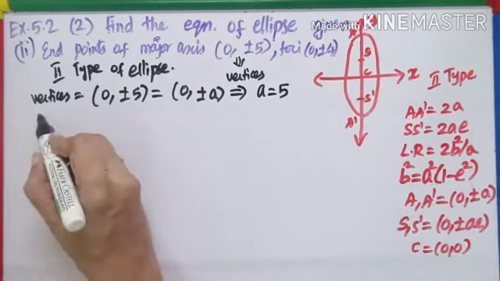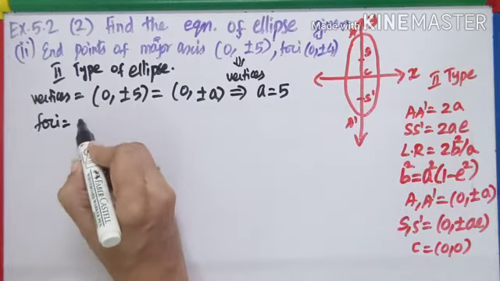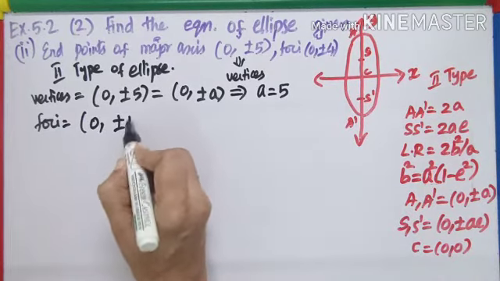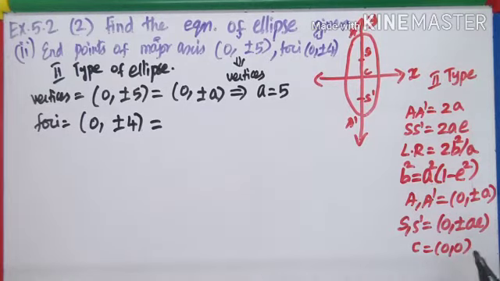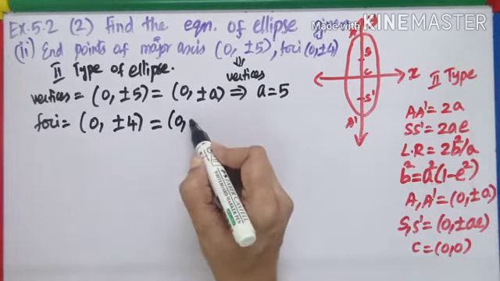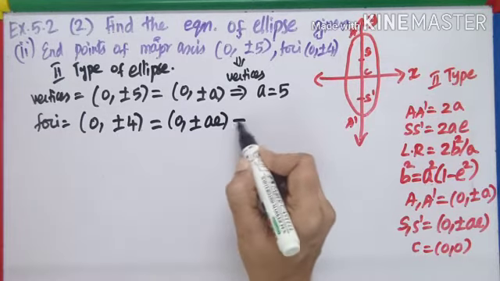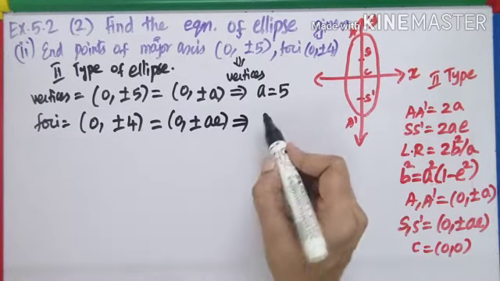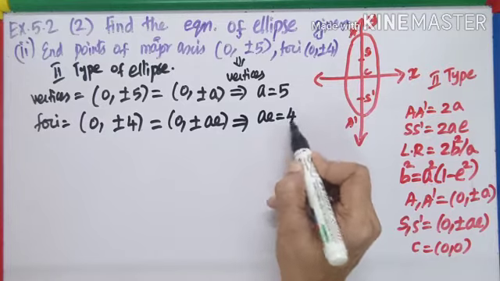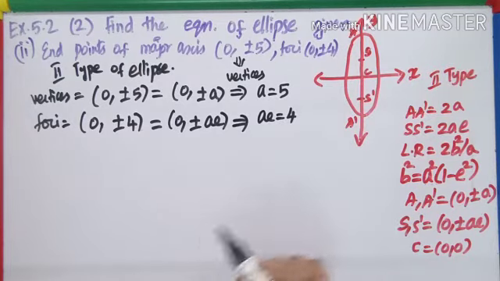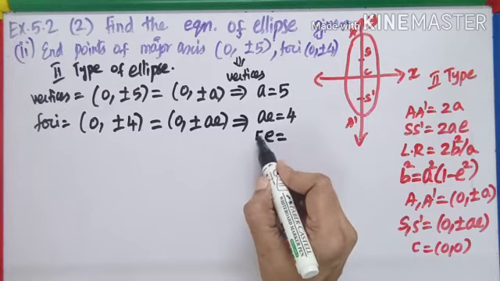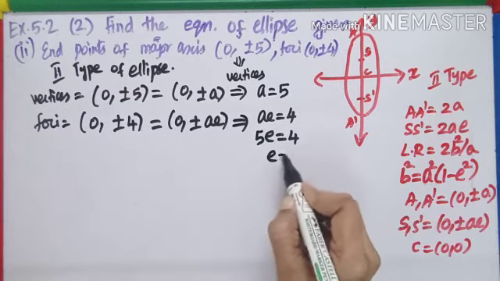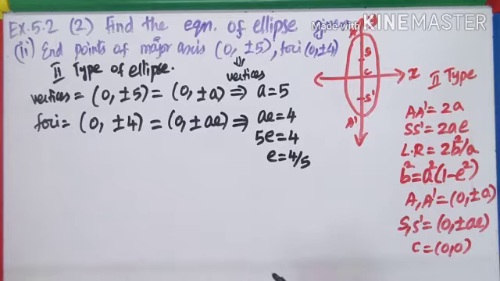Similarly, the focus is 0 comma plus or minus 4 given in the question. But we know the focus is 0 comma plus or minus AE. Comparing, AE equals to 4. So what is E? I can substitute 5E is 4 or E equals 4 by 5.